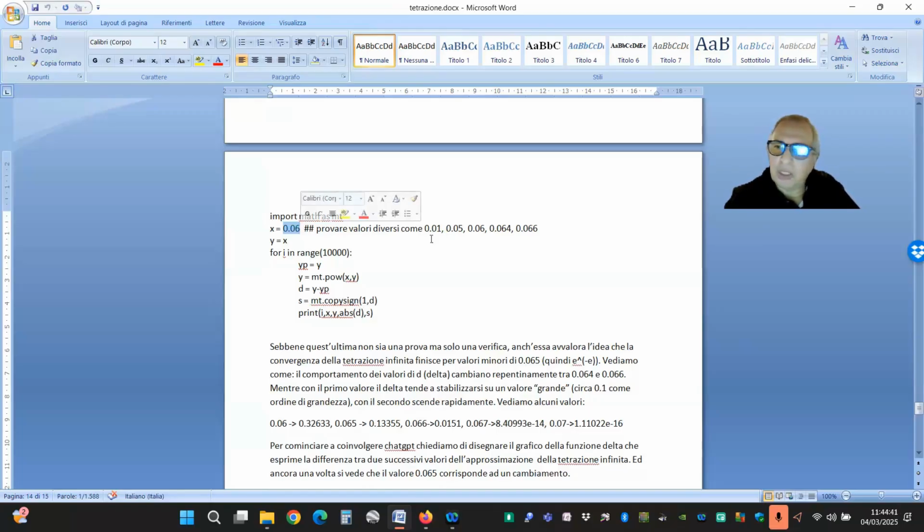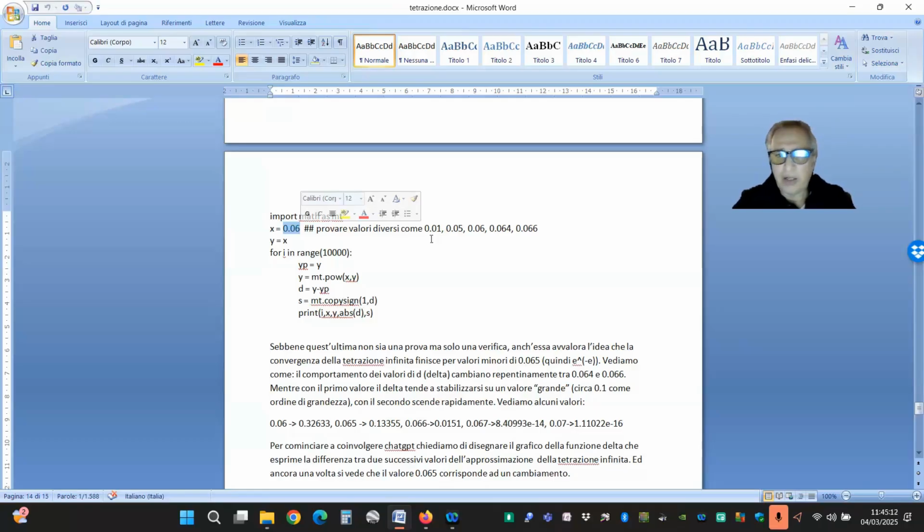Since we calculate the exponent, and we calculate 0 to the power of 0, initially the machine gives us 1. Then we use it as an exponent, and we calculate 0 to the power of 1. And 0 to the power of 1 goes back to being 0, so we have an alternation of 0 and 1, and we therefore have a sequence that does not converge. It doesn't give us a specific limit. So we already have this thing.